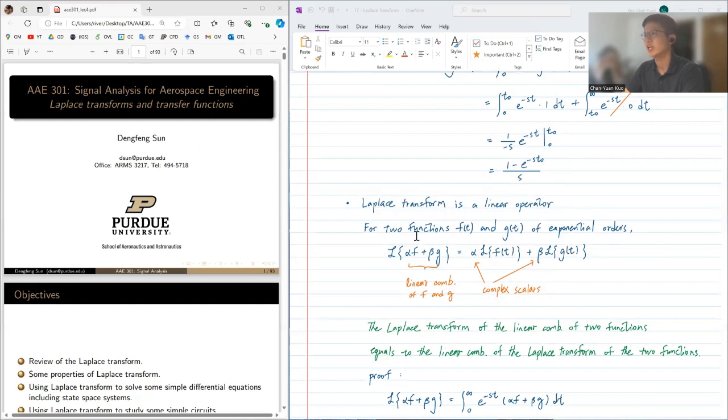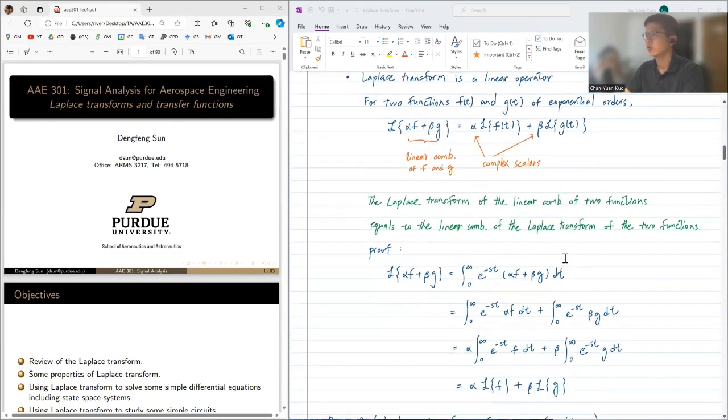For any two functions f(t) and g(t) of exponential order, the Laplace transform of the linear combination of f and g equals the linear combination of the Laplace transforms of these two functions. So we have the Laplace transform of alpha f plus beta g equals alpha times the Laplace transform of f plus beta times the Laplace transform of g.